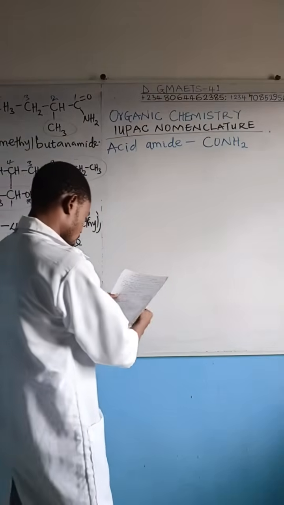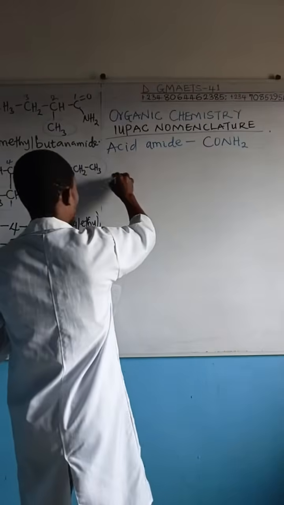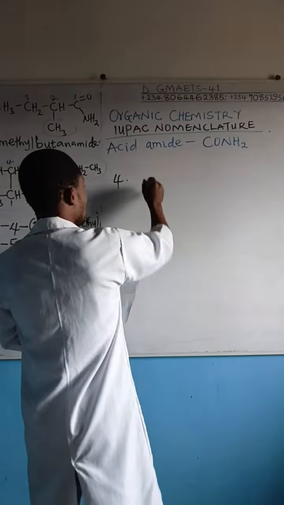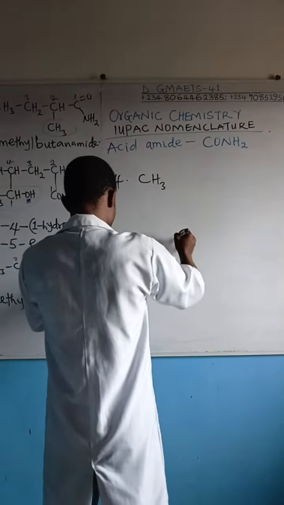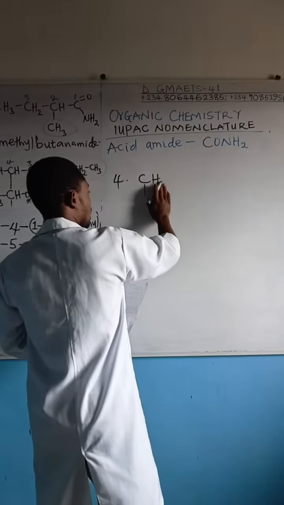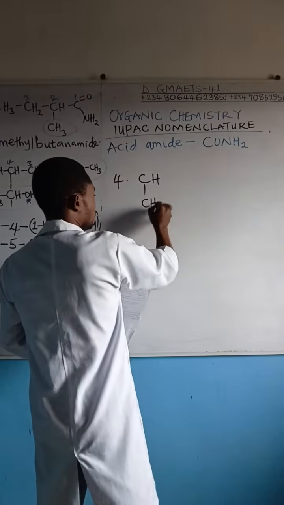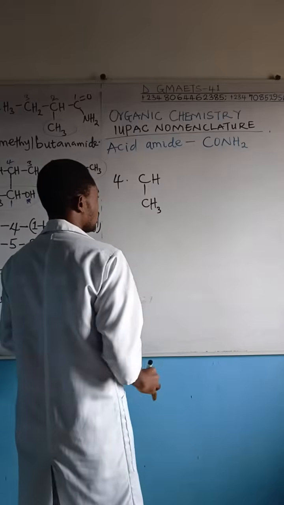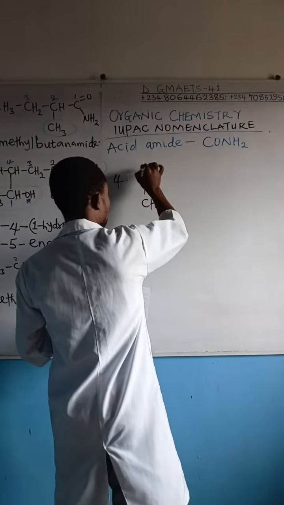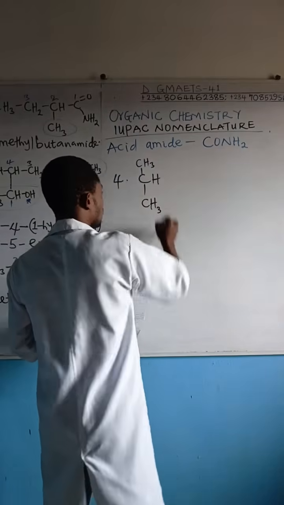Now, I have this last structure, number 4, that we are going to deal with today as we close the class. CH3. Now, let's say this is CH rather. Then I want to make it a bit complex. CH, then I've got this CH3.